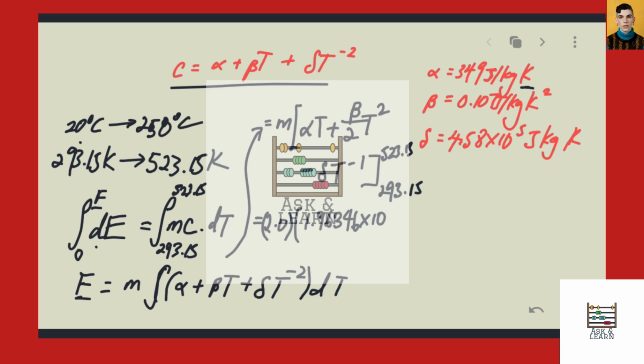Then we subtract away the lower limit, which is when T equals 293.15.